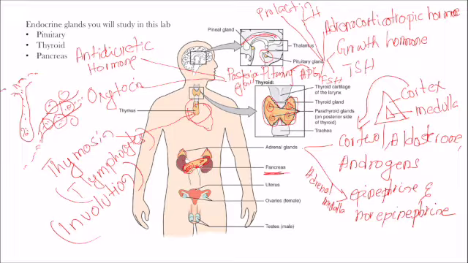They produce insulin. You all have heard about insulin before. Insulin and glucagon control the sugar level in the bloodstream. If your sugar level is too high, for example you eat a lot of carbs, your blood sugar is going to increase.